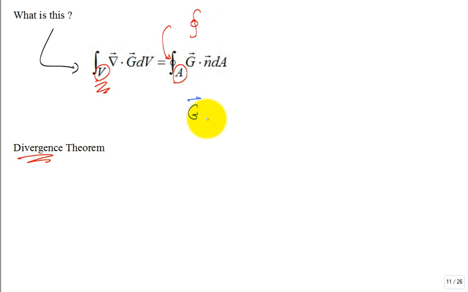It's a vector field, and you dot it with the outward directed normal vector. Then you make that area integral over the enclosing surface. But you can replace that with a volume integral where this del dot is the divergence of the vector field G.